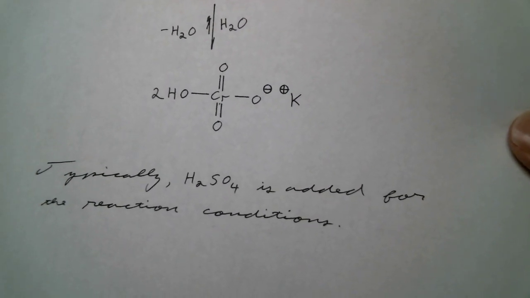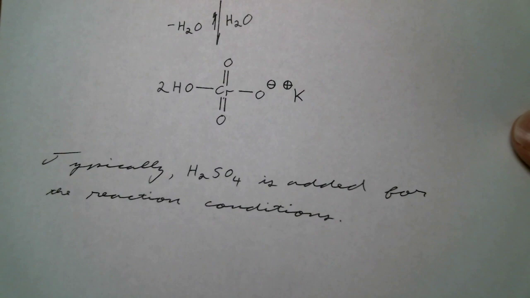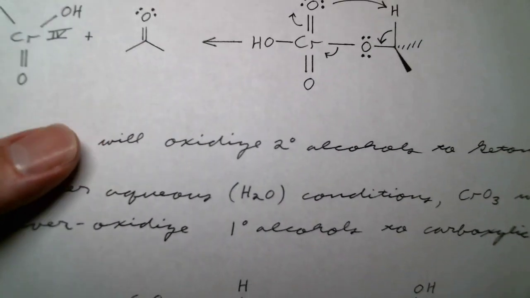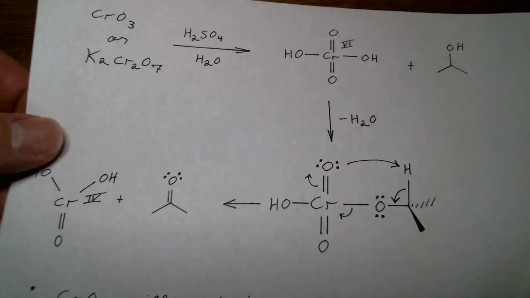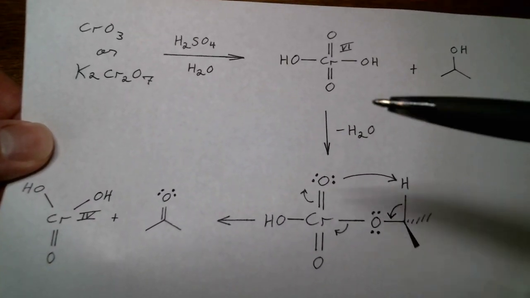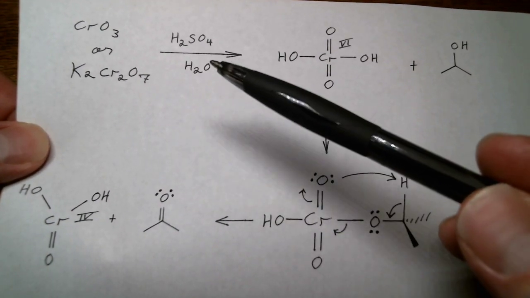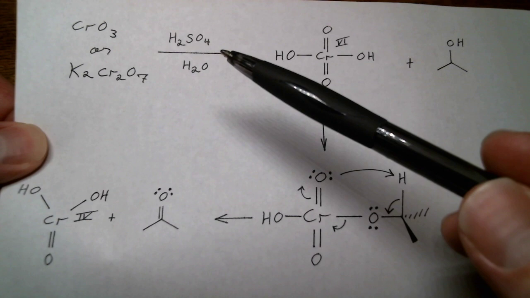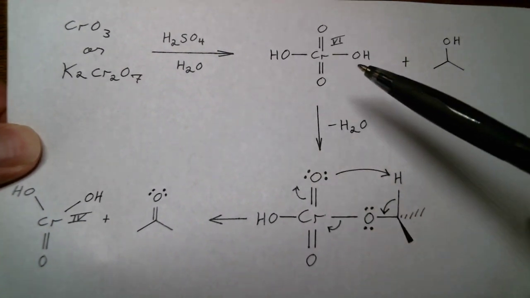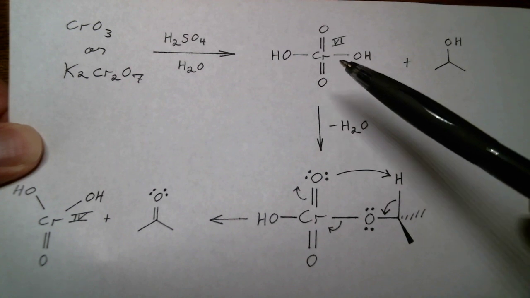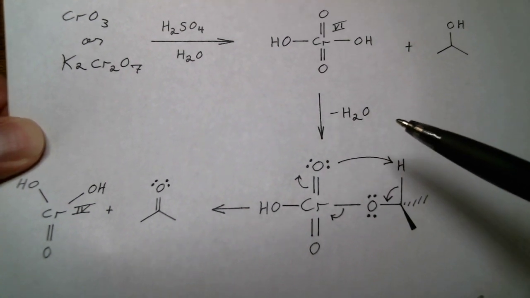I won't actually hold students responsible for a mechanism for oxidation, but I thought it would be nice if they knew how potassium chromate oxidations work. You could put either chromium trioxide or potassium dichromate in acidic water. Usually we use sulfuric acid. We create this chromic acid with chromium 6.